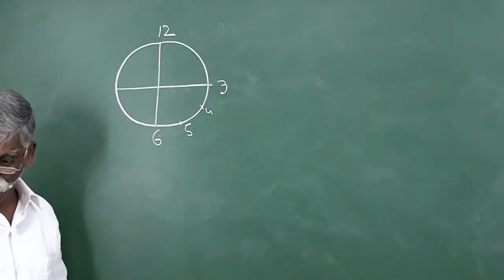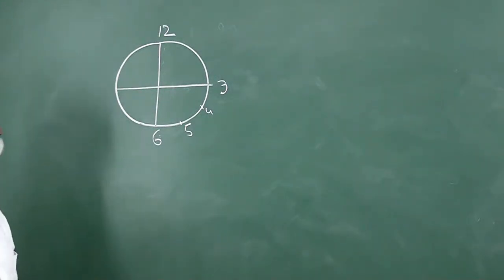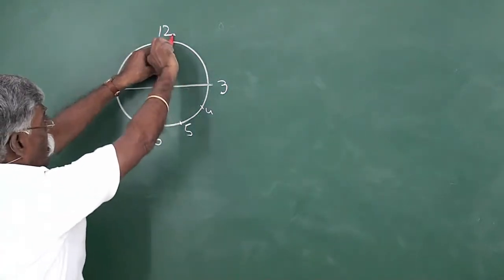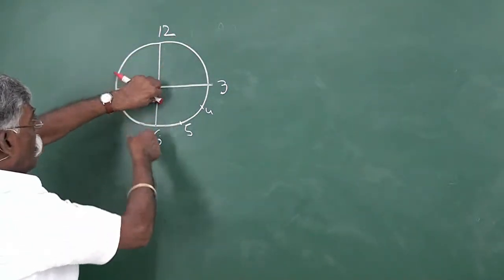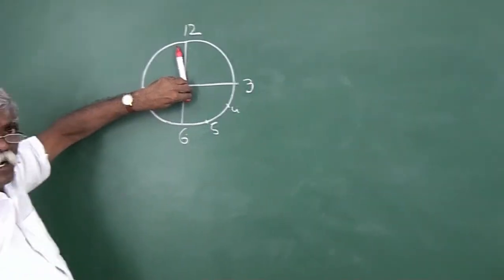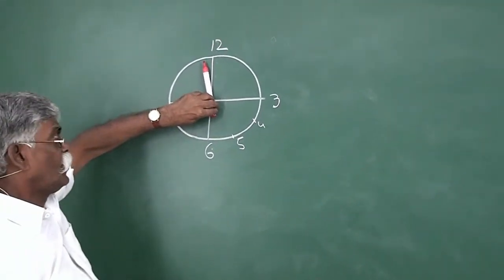Originally when the hour hand starts here and goes for one complete revolution, it makes 360 degrees.